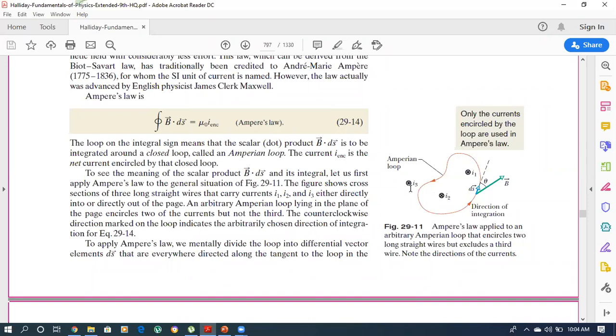Because the I3 current is not inside this surface, we will not consider its effect. Now one current is into the page, one is out of the page. Similarly, we consider a length element on this imaginary surface. Then the direction vector of this length element is in a straight direction, and the magnetic field from this point may be in this direction.